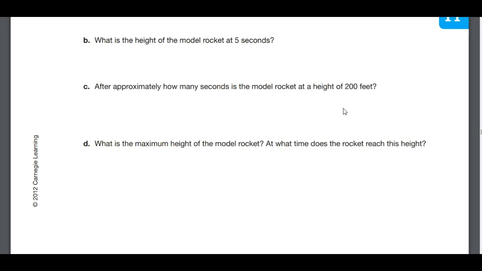I'm looking for when it gets to 200, and it looks like at 1.8, when x is 1.8, so at 1.8 seconds, it is at 200 feet. And then it comes down, it hits 200 feet on its way down again, remember? So going down right here, let's see if it'll stop. No, it didn't stop at exactly 200 feet, unfortunately.